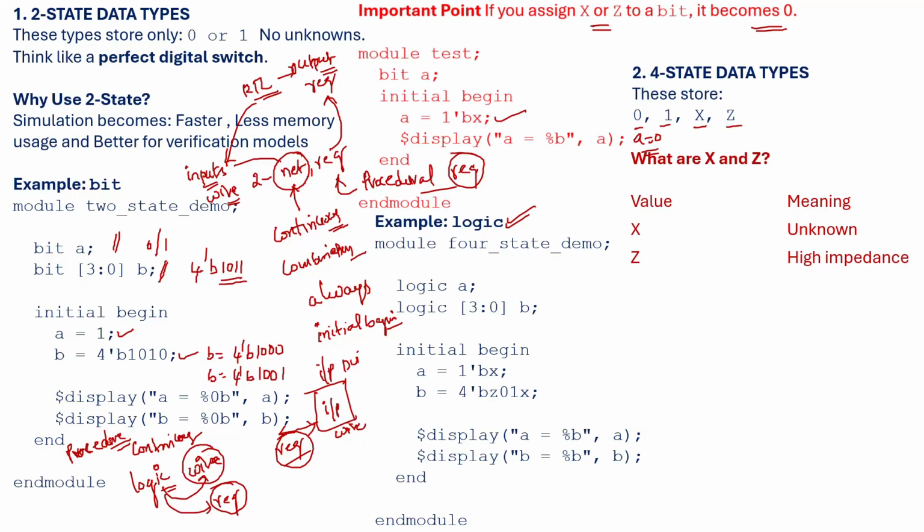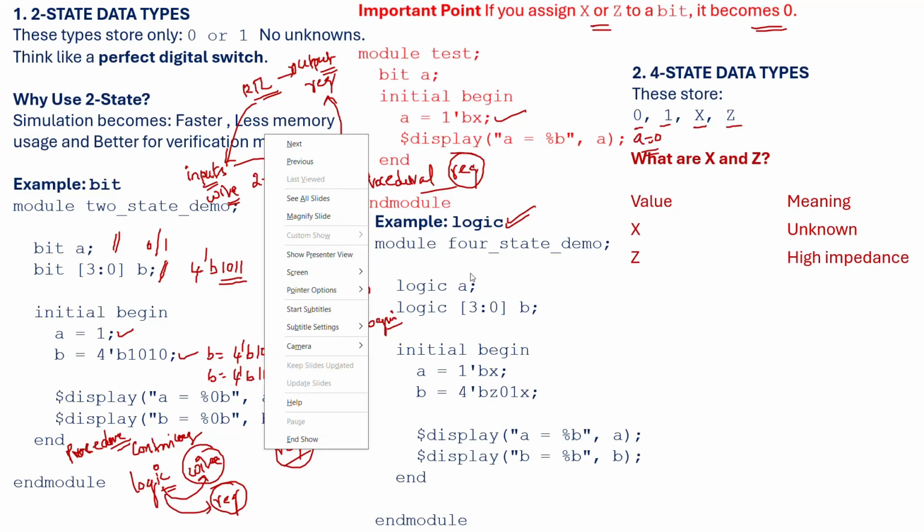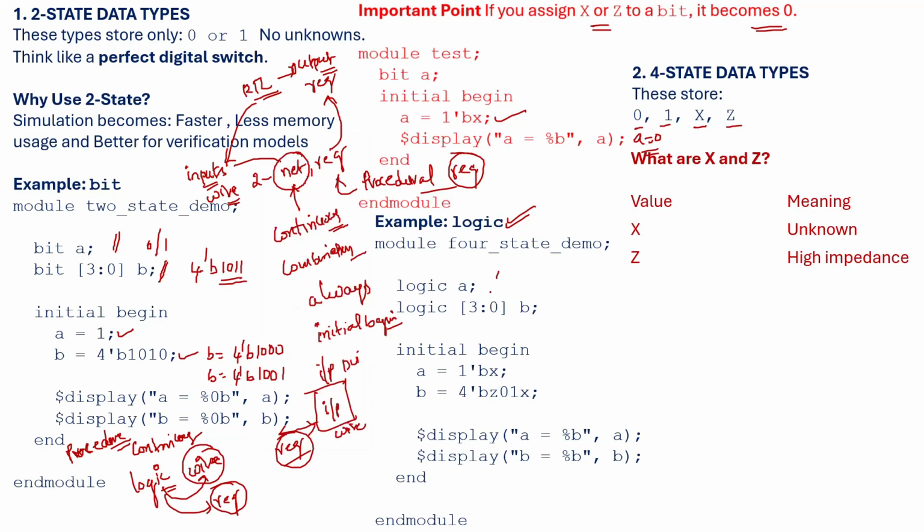So that is the main difference between logic and wire and reg. Wire is used for continuous assignment and reg is used for procedural assignment. But whenever we require both continuous and procedural assignments, at that time we can use logic. Logic supports both, and that is the reason we go for logic.